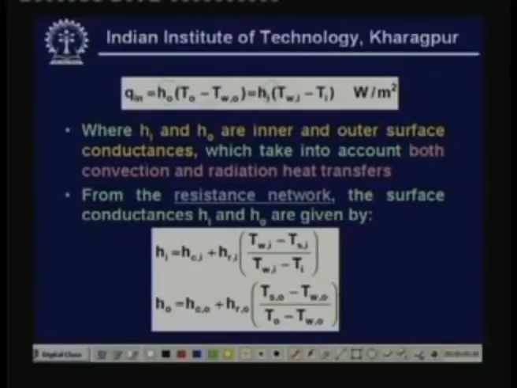And T naught and Ti are the outer and inner dry bulb temperatures, and T subscript Wo and T subscript Wi are the temperatures of the outer surface of the wall and inner surface of the wall respectively. And from the resistance network, the surface conductances hi and h naught are given by, let me show the resistance network here.